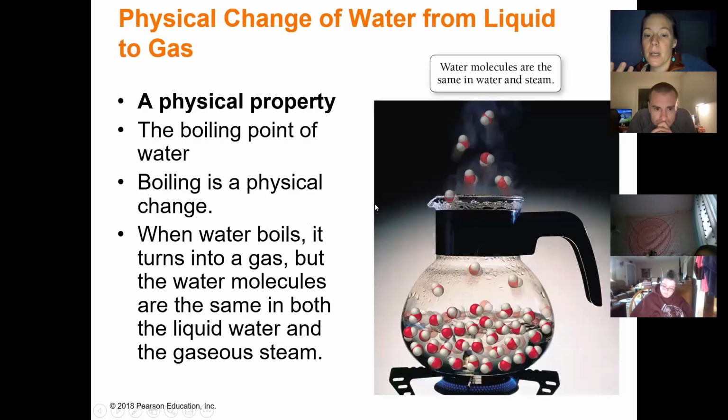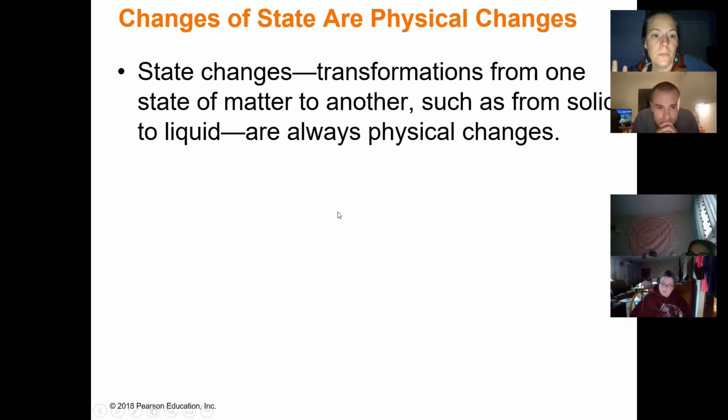It may look different, but it's still H2O molecules, right? Down here in the coffee pot, it's liquid H2O. Up here, it's just gaseous H2O, but there's still little H2O packets. I haven't changed what those things are on a molecular level. So any state changes, transformations from one state of matter to another, are always physical changes.